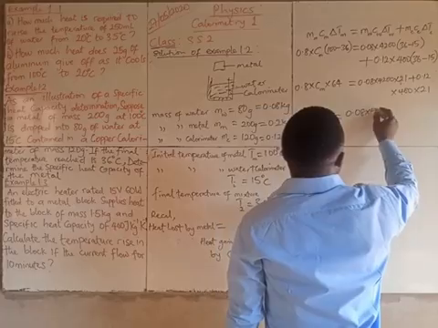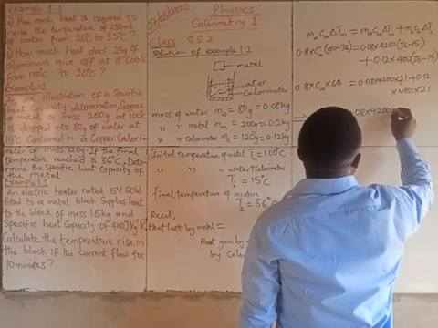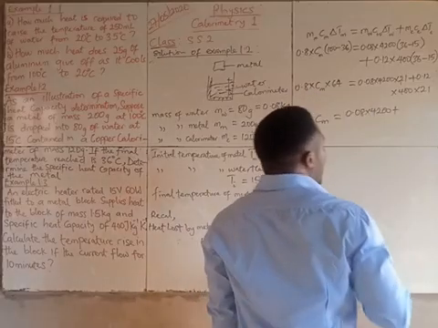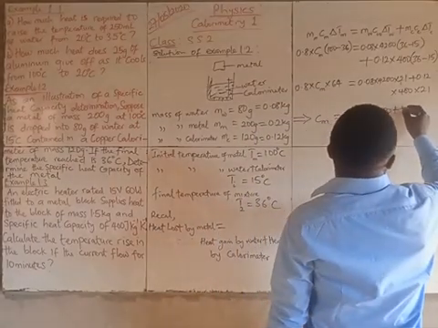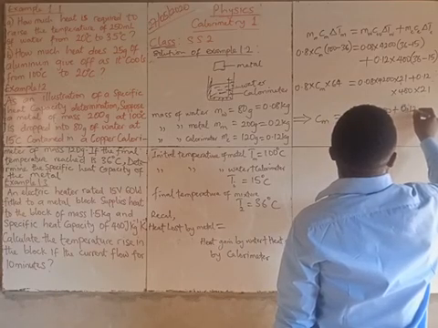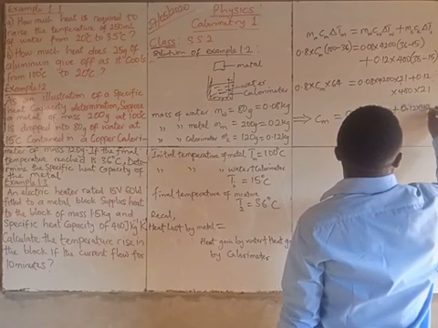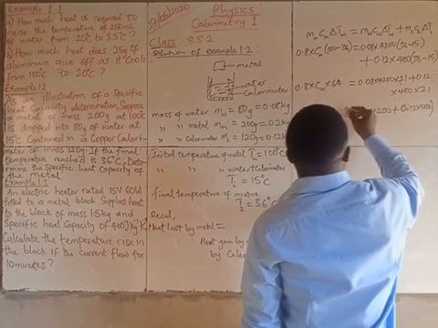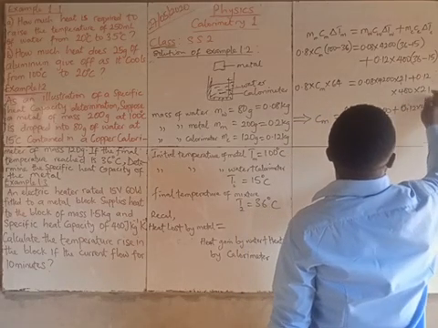0.08 times 4,200 plus 400 plus 0.12 times 400, everything into 21 is common to both.